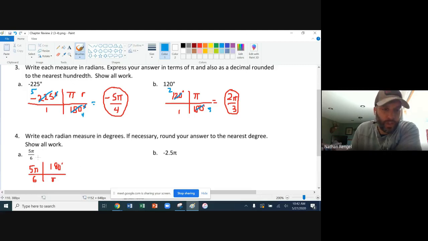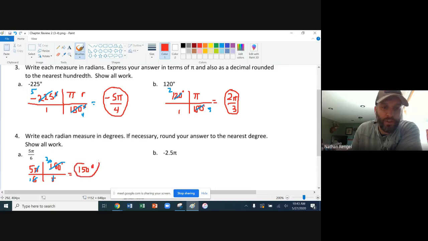And we'll get some simplifying. Pi's will cancel. 180 is divisible by 6, makes 30. And 6 is divisible by 6, makes 1. So we will multiply. 5 times 30 is 150 degrees. And 1 times 1 is just 1, so that's going to be just 150 degrees.